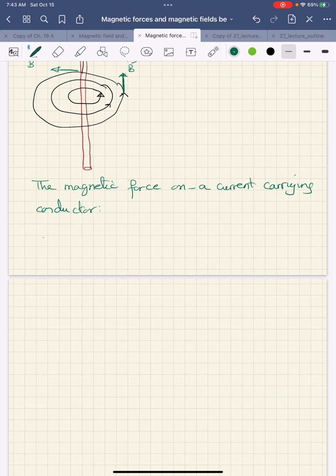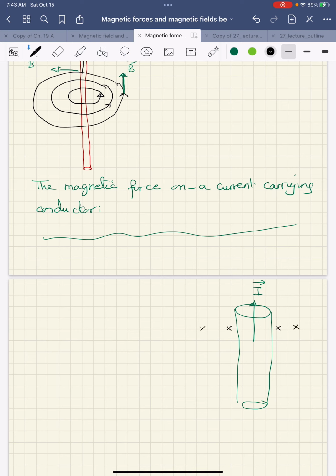Here I have a conductor. That conductor itself has its own current, or current density, we can say. And it is immersed in a magnetic field. Let's assume my magnetic field here is into the page like this, crosses.